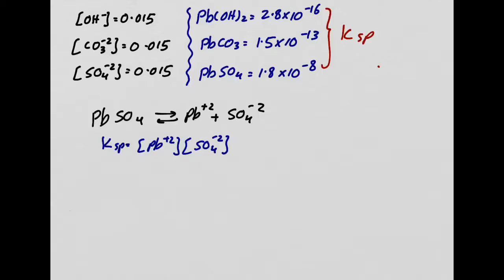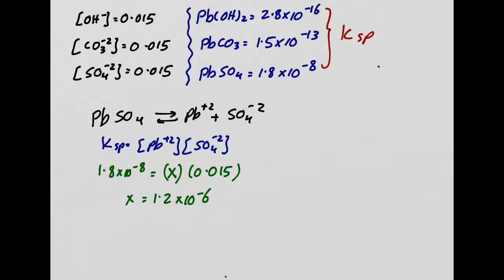Now, my KSP is 1.8 times 10 to the minus 8. Now, for lead, I'm going to put X. Sulfate, I know is 0.015. If I solve for X, I get 1.2 times 10 to the minus 6.